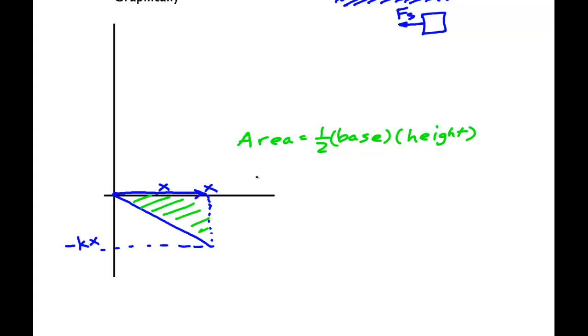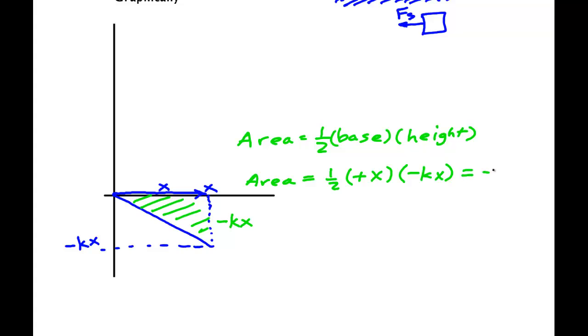Well, let's see. The area would be 1/2. The base is a positive x. The height is not positive. In work diagrams, you can have negatives. This height here is minus kx.